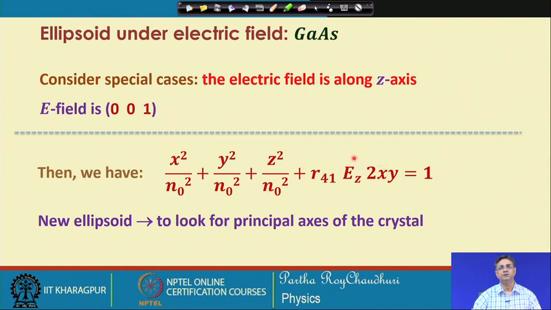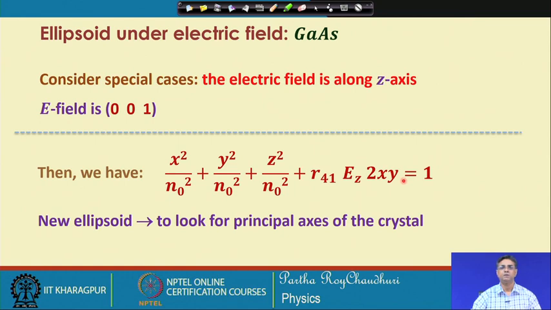So, only this E z component survives in the ellipsoid equation, and then we can do the diagonalization of the matrix corresponding to this ellipsoid equation, or we can simply inspect that there is a cross term associated with x and y, that means it requires a rotation about z, and because x and y are symmetric, if you interchange x with y, then the equation remains invariant.